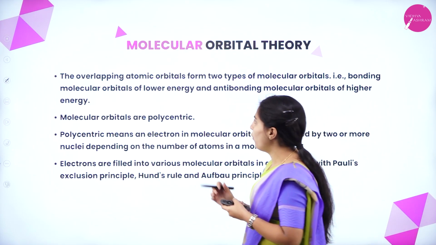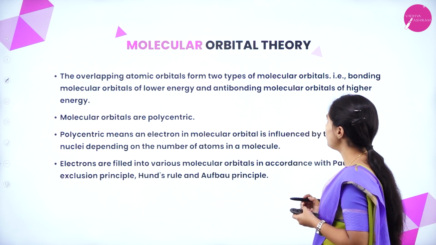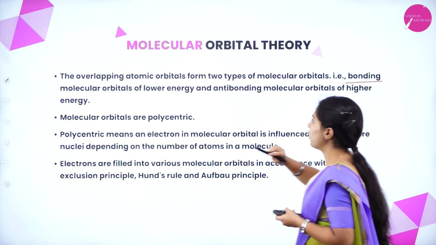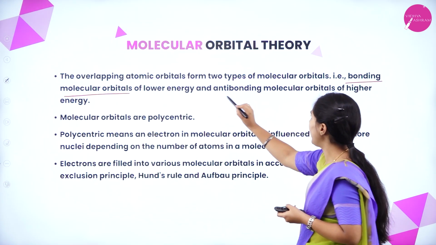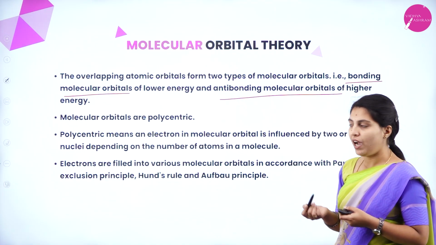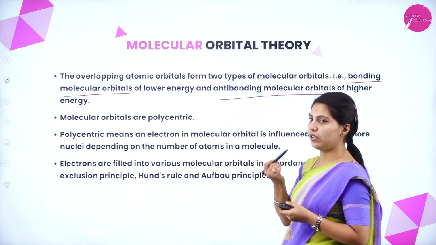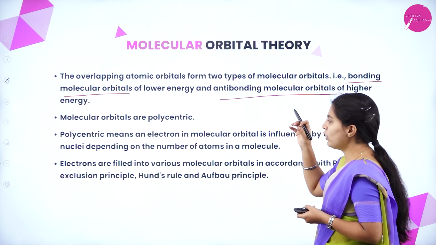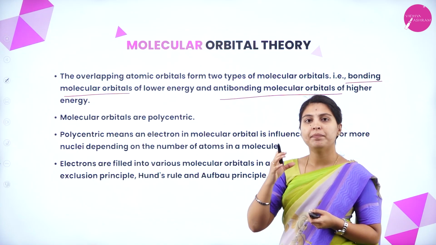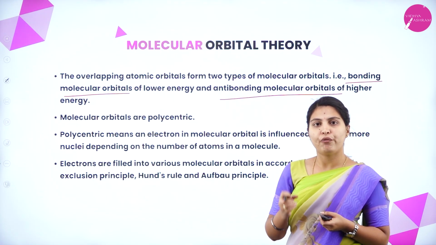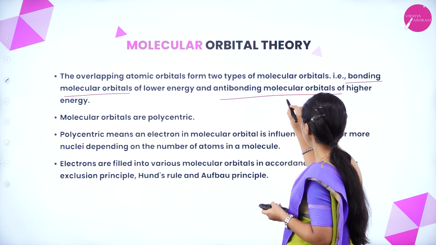The overlapping atomic orbitals form two types of molecular orbitals: bonding molecular orbitals of lower energy and anti-bonding molecular orbitals of higher energy. How do the bonding and anti-bonding orbitals form? We know that electrons are discussed as a wave formation. In wave mechanics, electrons are in a wave structure.